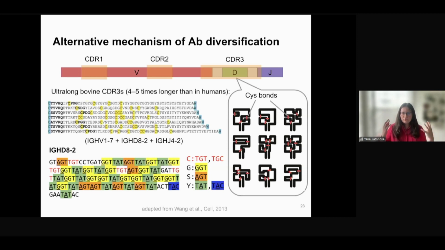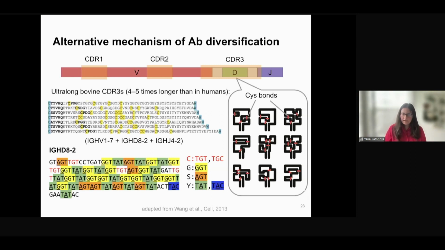And instead of changing the amino acid composition, they change the structural shape through this process that is completely the same at the level of the mechanisms. It's also somatic hypermutagenesis and VDJ recombination at the beginning. It was suggested that this mechanism is a compensatory mechanism for the loss of gene diversity.